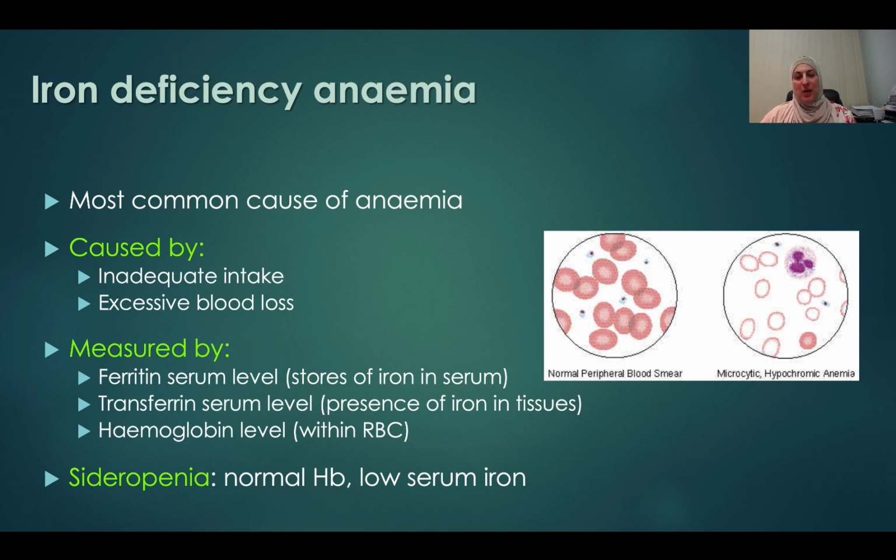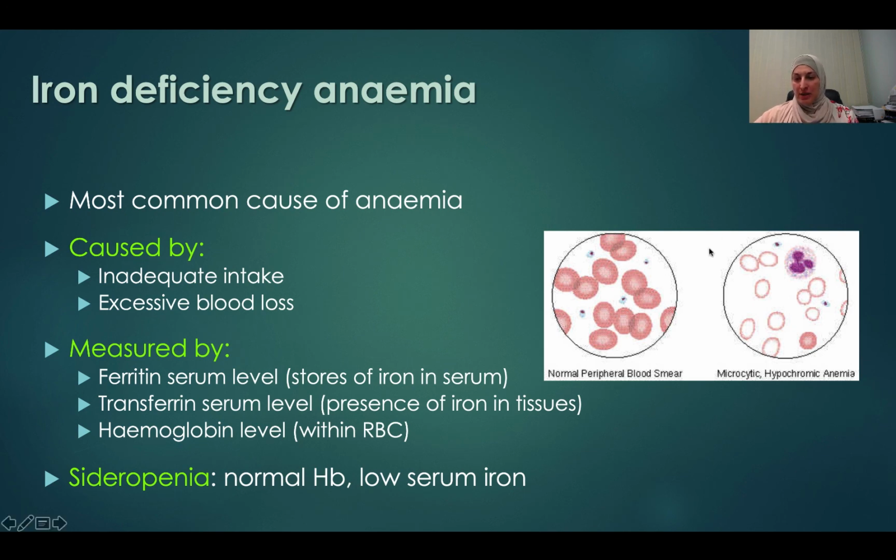Sideropenia is a case where there is a normal hemoglobin, but the serum iron is low, which means that the stores are depleted, but still the amount of hemoglobin is within normal range. So we cannot say that the patient is anemic, but he is sideropenic.